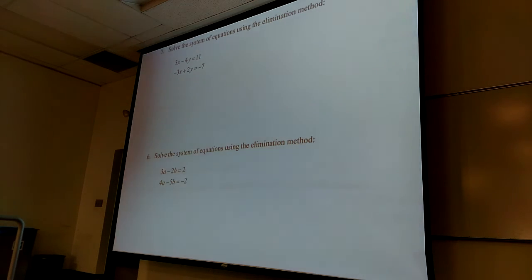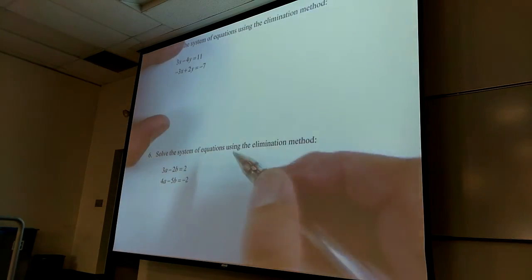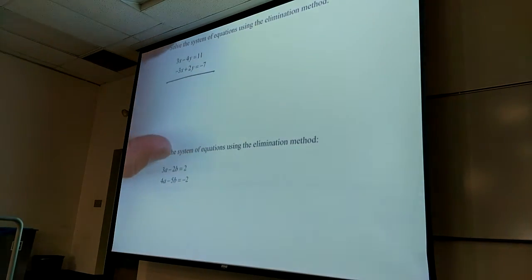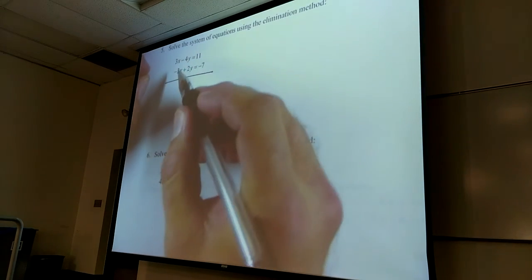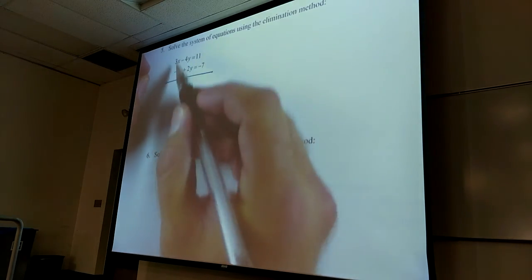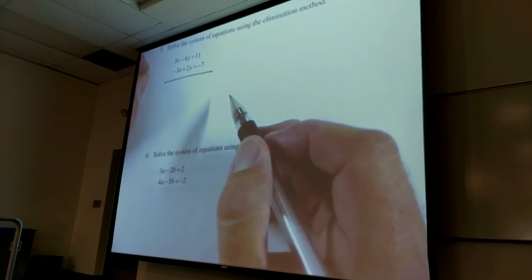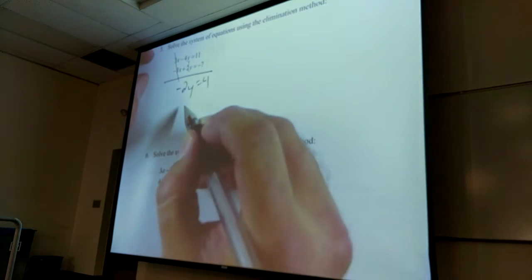All right. Let's take a look. This is already set up for the x's to cancel. So I just go ahead and let that happen. I just add these together, so I get negative 2y equals 4.